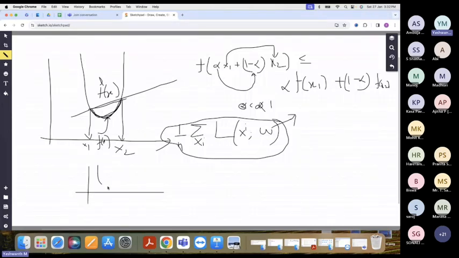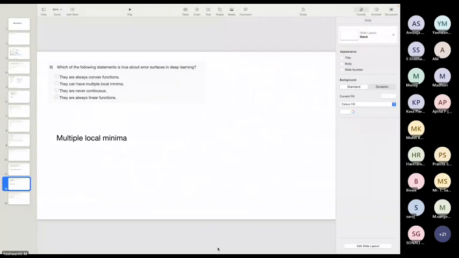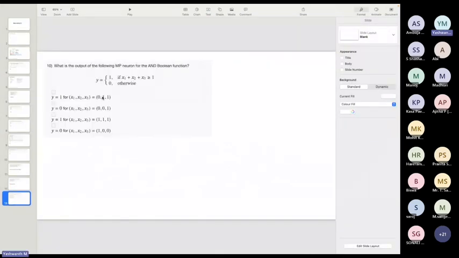It is something like this. You have multiple minima, local minima. Okay.